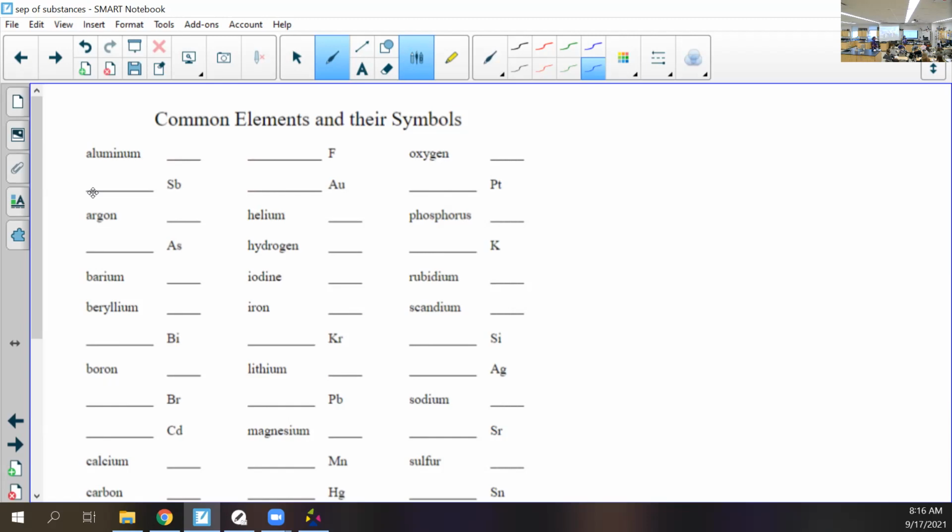So when we have aluminum, you can write aluminum on the board for me. It's right there. It would make sense that aluminum, the first letter A, is the first letter of the symbol. That would make sense. All right, rule number 2. I never really know how to say this, but the second letter is usually one you hear when you say the name.